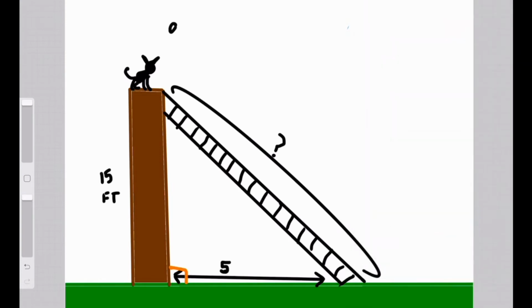Pythagoras' theorem only works for right triangles, and the Pythagorean theorem is a squared plus b squared equals c squared. Now c squared is the hypotenuse, which is pretty much always the longest side of the triangle. So this is our hypotenuse, which is what we need to find, the length of the ladder.